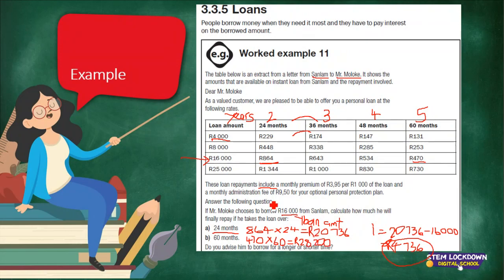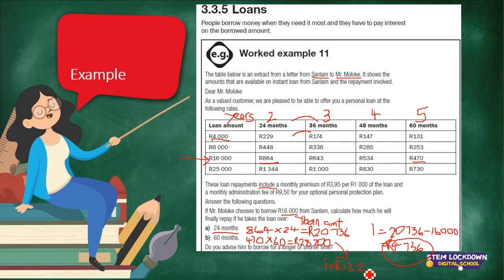So it will be much more. Okay, let me just do that. 28,200 subtract 16,000, how much interest will that be? Using my calculator, 12,200. That's a lot of money. So the interest gained by the credit provider will be 12,200. A lot of money.